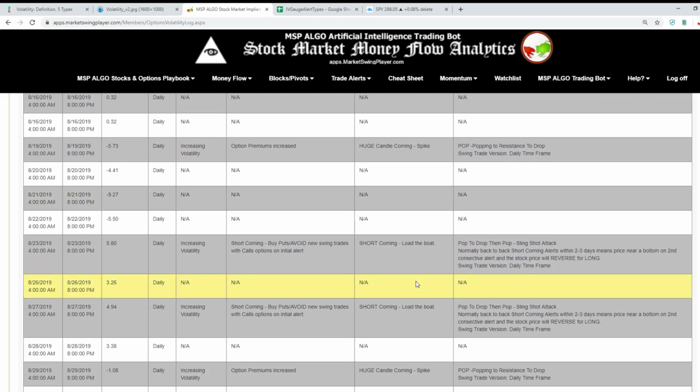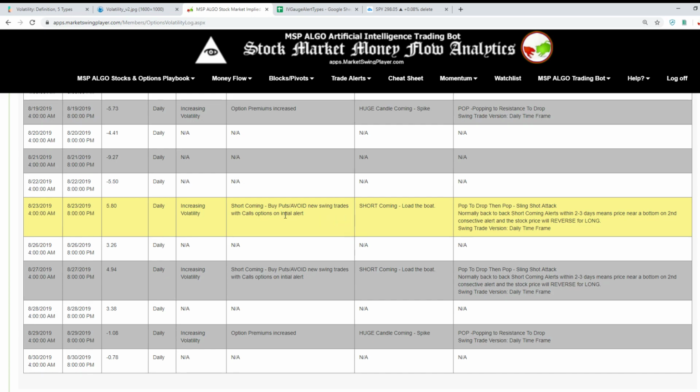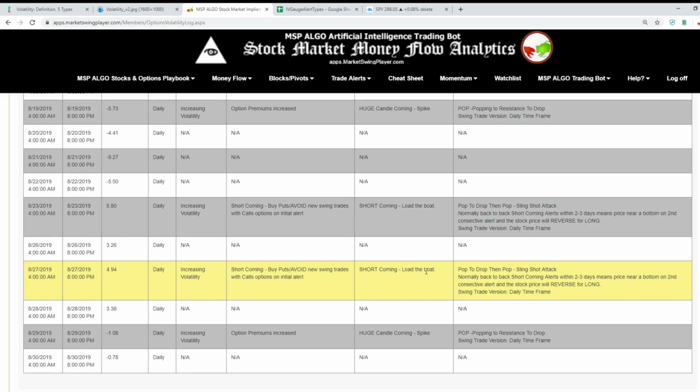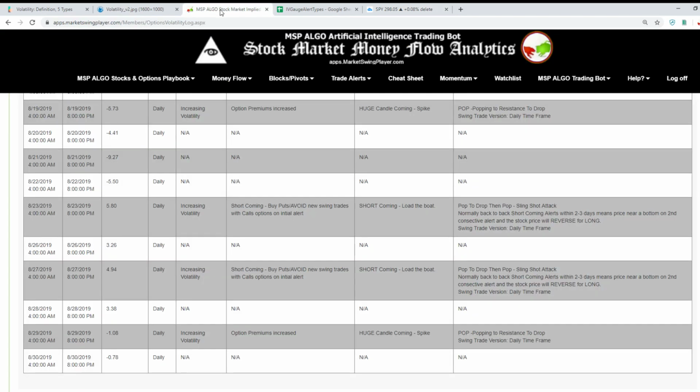And that's pretty much how you use it. So we could see again on the 23rd, load the boat, short coming, and that's probably near bottom again on the 27th. So you see how advantageous it is.